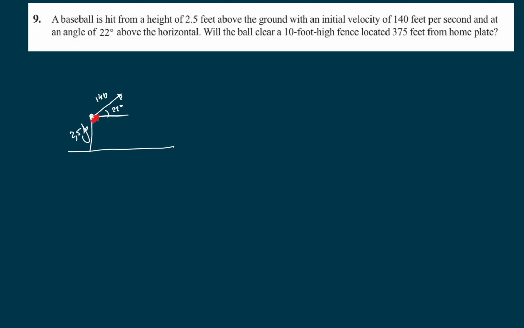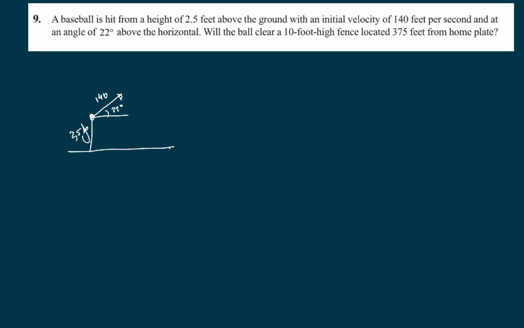So we know that in the x direction there is 140 cosine of 22 in the x direction of velocity, and there is velocity in the y direction in the amount of 140 sine of 22. So what are the equations that we have to use? What the problem says: will the ball clear a 10-foot high fence located at 375 feet from home plate?